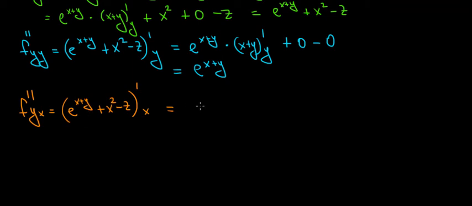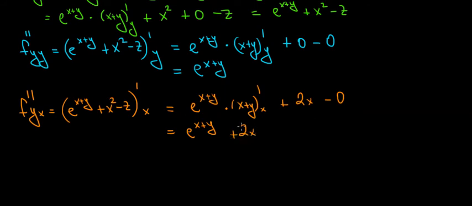From the first term we differentiate e to the power x plus y times the power derivative with respect to x, plus x squared derivative with respect to x is 2x, z derivative with respect to x, that's a constant derivative with respect to x, so that's just 0. So we have e to the power x plus y times 1 from here, and then plus 2x, and that's gonna be it.